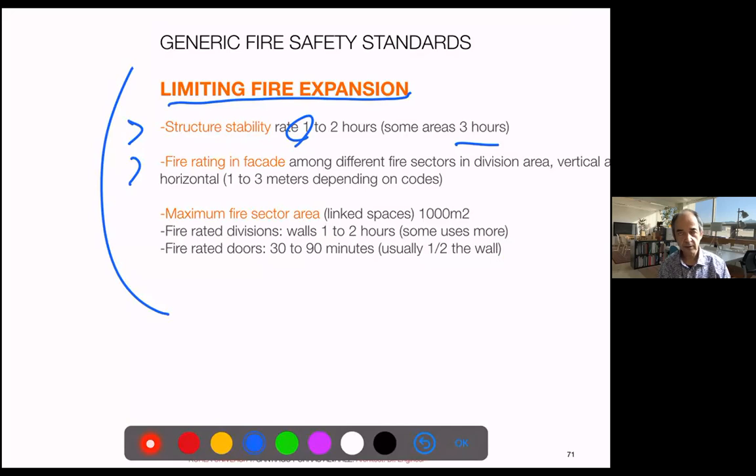That's the Grenfell Tower in London. But it happened also in Seoul recently, in Busan a few years ago, right? The fire went to the facade. So you need some space between 1 or 3 meters between windows to be fireproof.